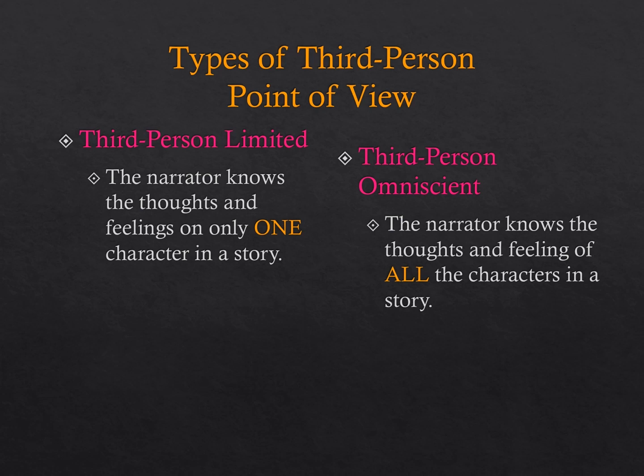Again, in the third person limited, the narrator knows the feelings and thoughts of only one character in the story, whereas the third person omniscient knows all the thoughts and feelings of all the characters in the story.